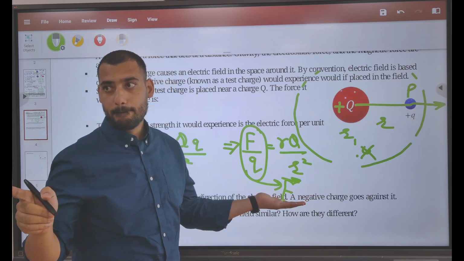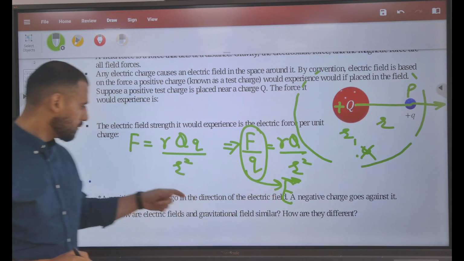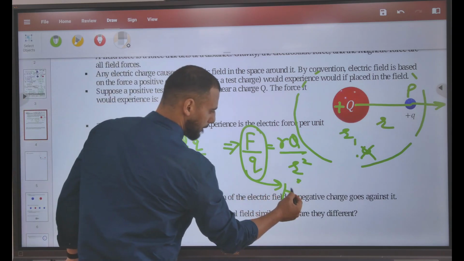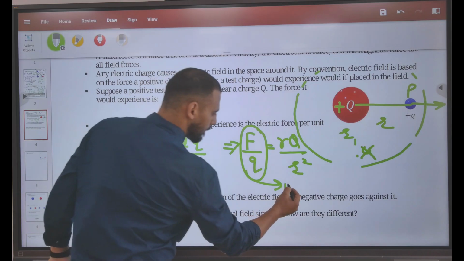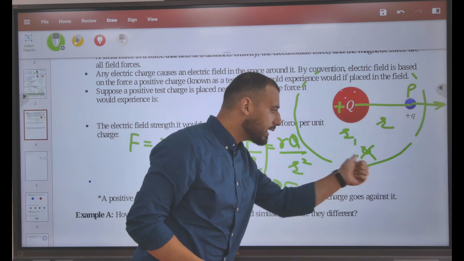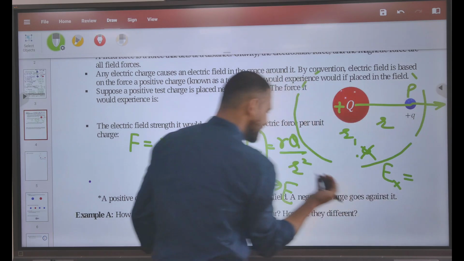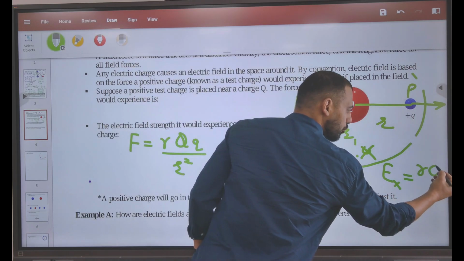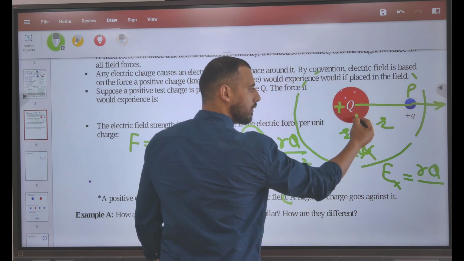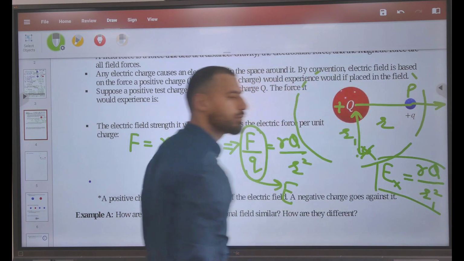So the electric field at point X will be the same expression: gamma Q, because the original charge is Q, divided by the distance square. What is the distance now? R1. So distance R1 square. This is your electric field at this point.